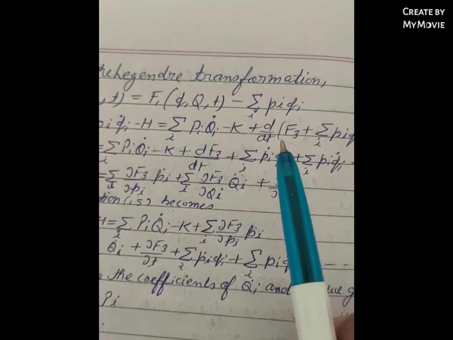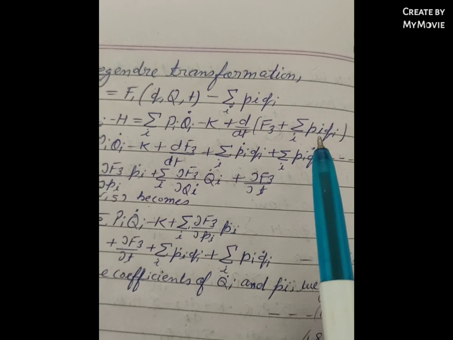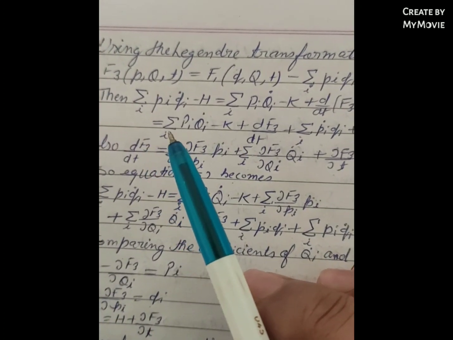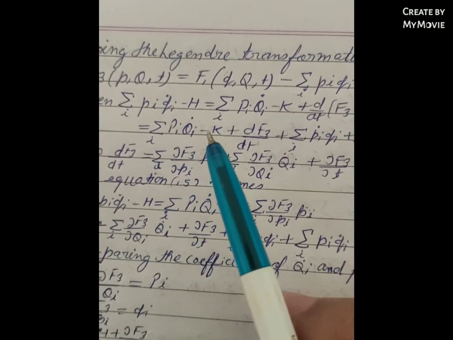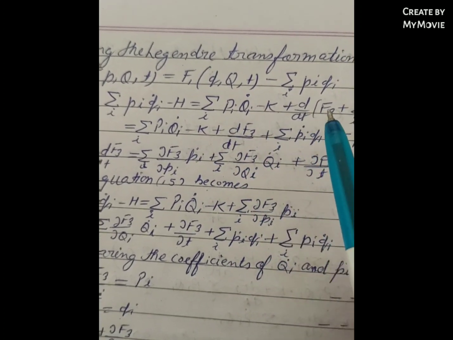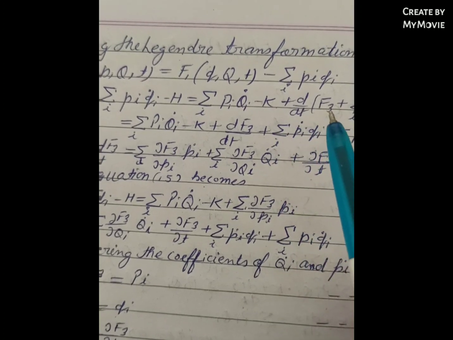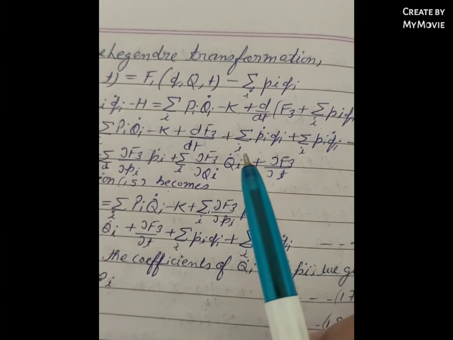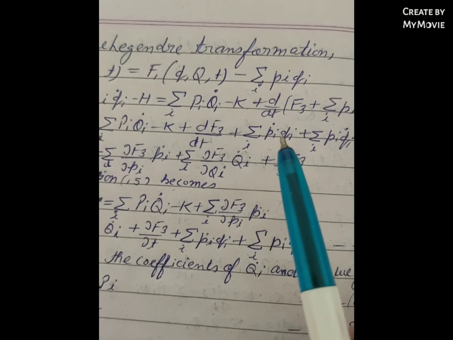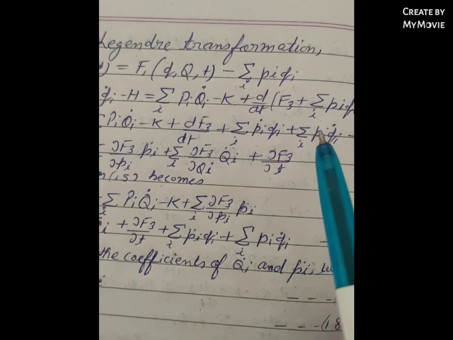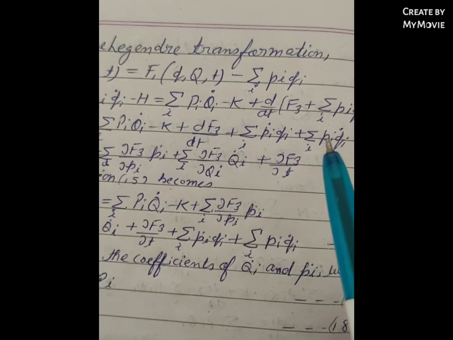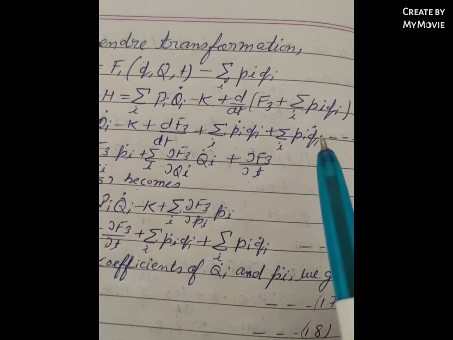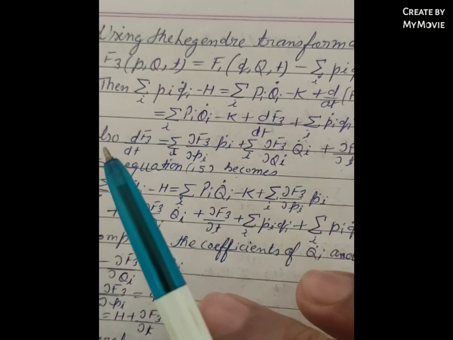So d over dt of (F3 plus sigma i pi qi) equals sigma i Pi Qi dot minus K plus dF3 over dt plus d over dt of pi qi, which is plus sigma i pi dot qi plus, for the second part, since P is a constant, sigma i pi qi dot. This is equation 15.